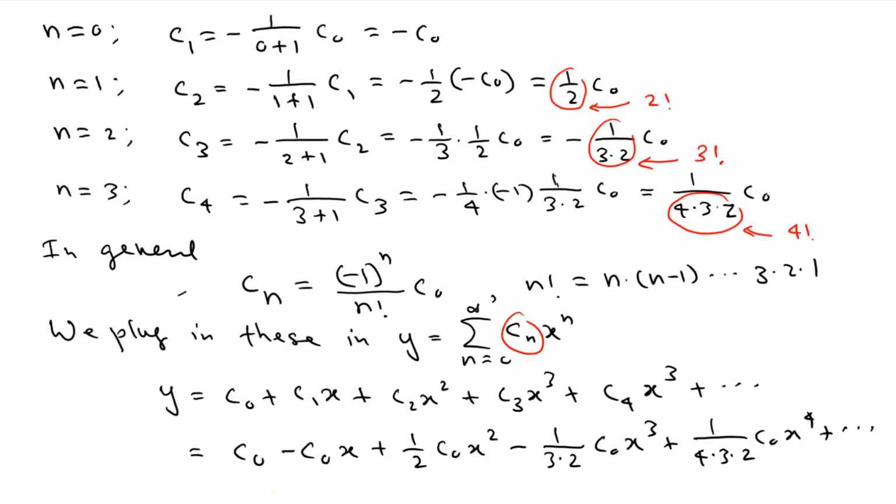That's what happened in a regular situation, and then we try to see whether there's a pattern. That's what we normally do. Now you can see each and every term has a c0 term, so we're gonna pull that out. That's common, so we can take it out.